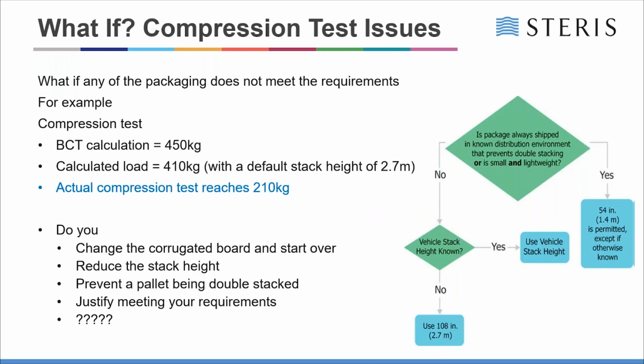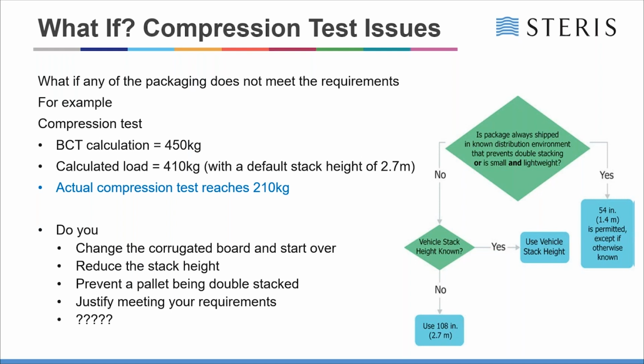The same thing in relation to the compression test. For example, the example I gave of the A-fluted board, which is a 450 kg theoretically calculated box compression load. The calculation within the standard, based on a 2.7 meter height, was 410 kg, but the actual load that was reached by the box itself might only be, say, 210 kg.